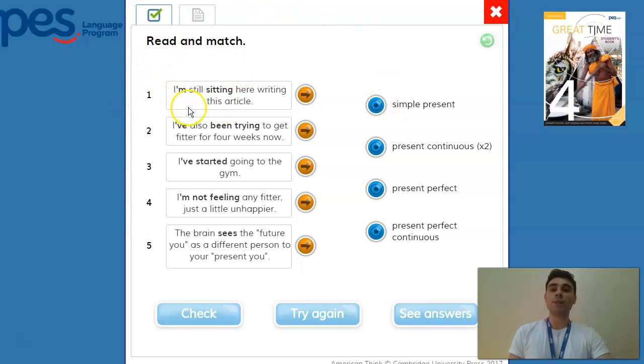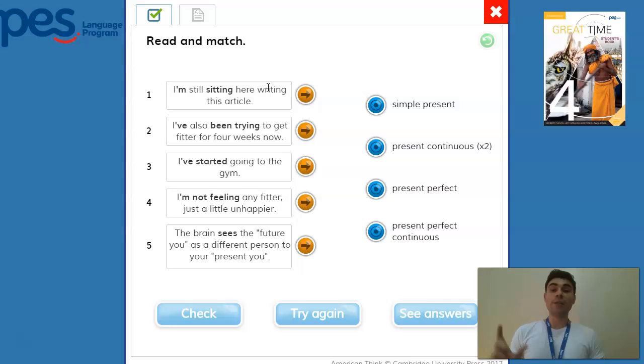Here we have number 1. I'm still sitting here writing this article. Do you remember where this information comes from? Yes, from that article we read before. Okay, so again, I am still sitting here. We can look at the sentence in 2 different ways to discover the tense of the verb.